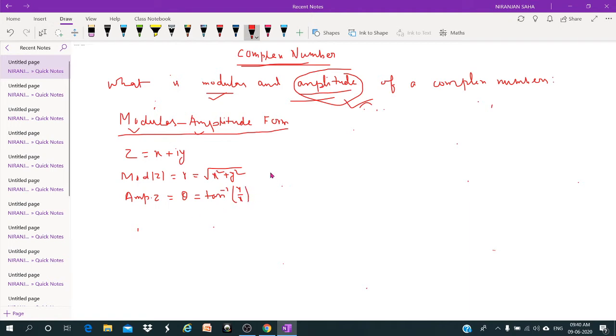What we will get from here is x square plus y square, keep this. From this we will get that tan theta is equal to y by x.